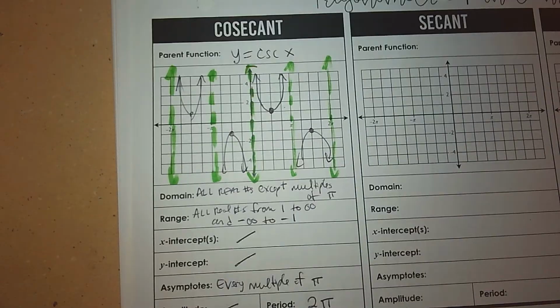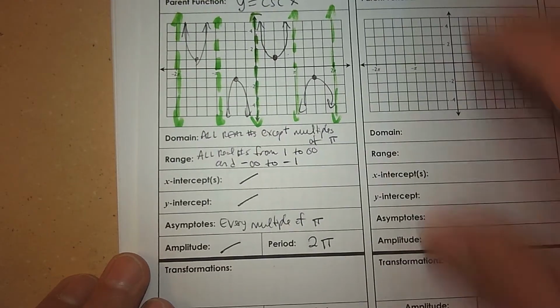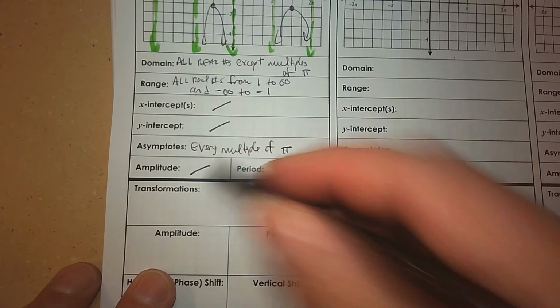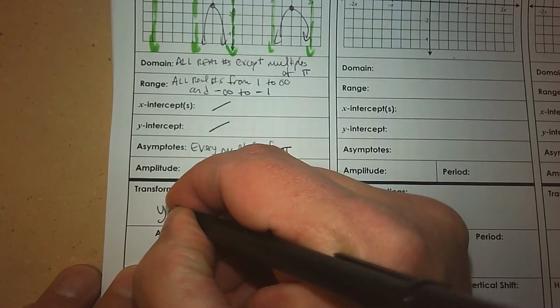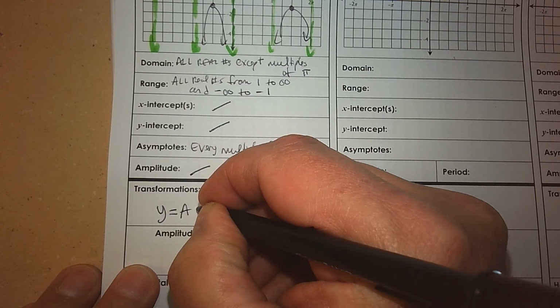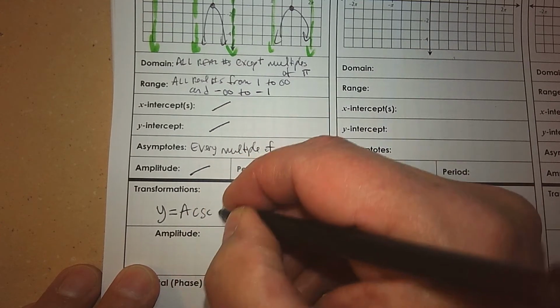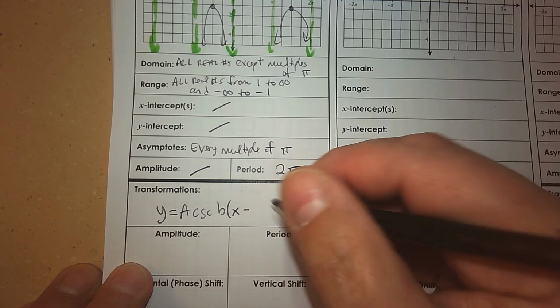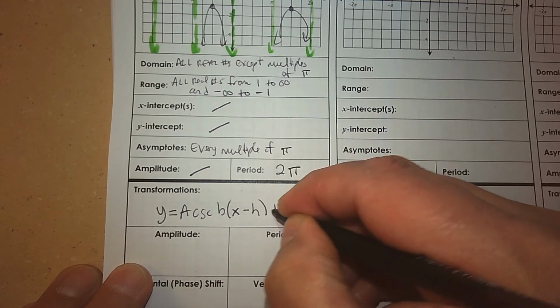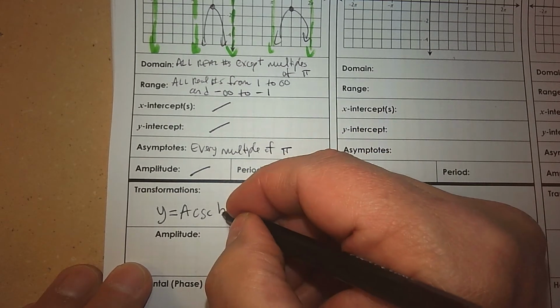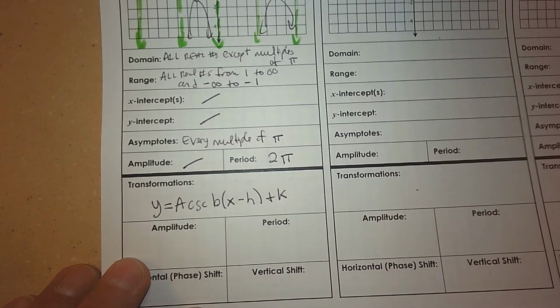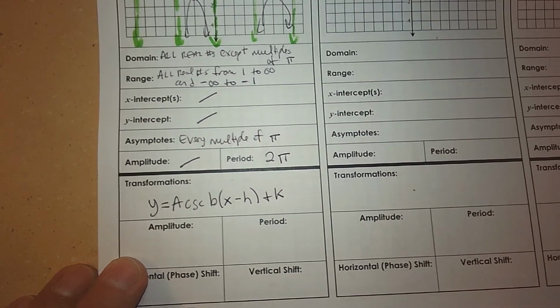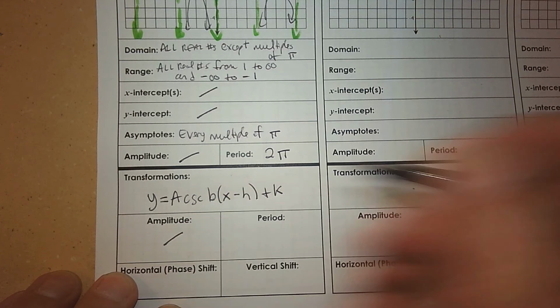If you have a transformation, let me just expand the camera a little bit. So for the bottom part, there is no amplitude.